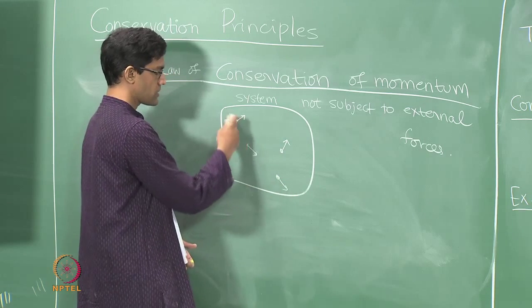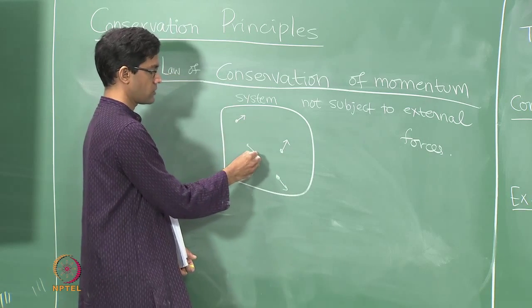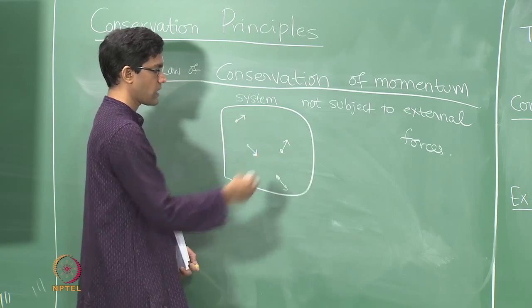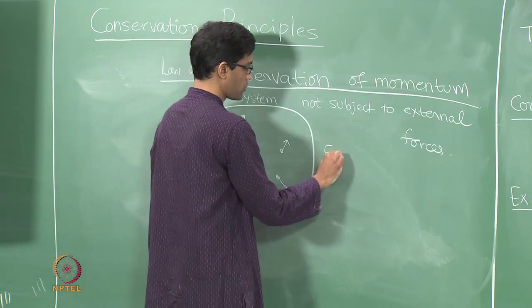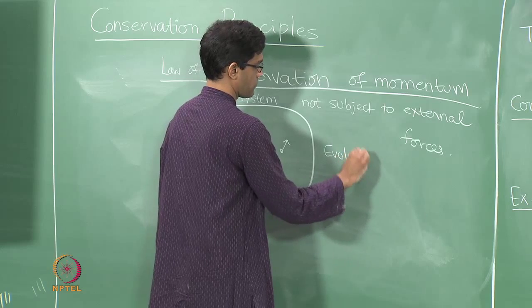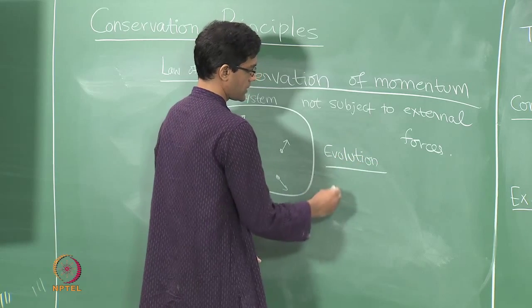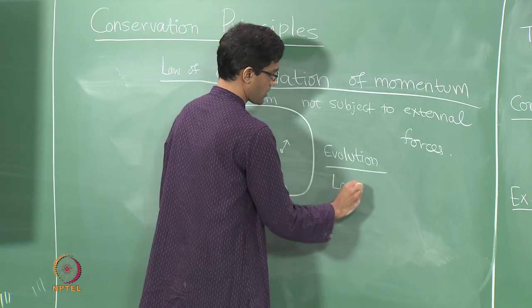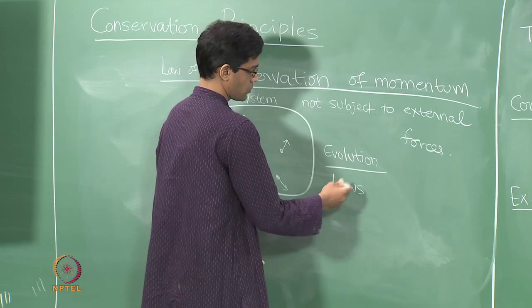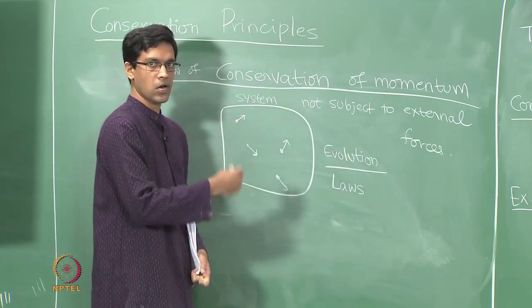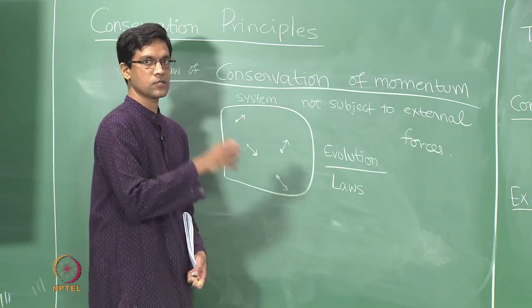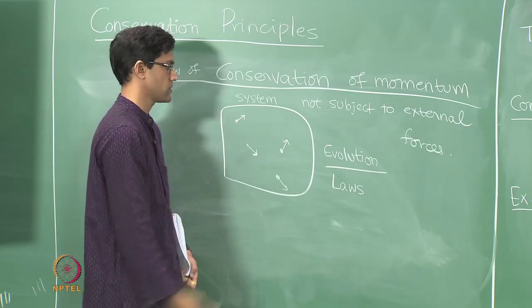Now the particles themselves are interacting. So how does the system evolve with time? The evolution is according to the laws of classical mechanics. What are the rules for evolution? In our case we wrote them out as certain allowed moves. We said, these are the things you can do to change the state of the system.